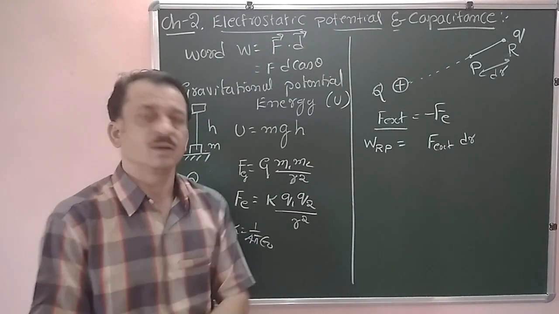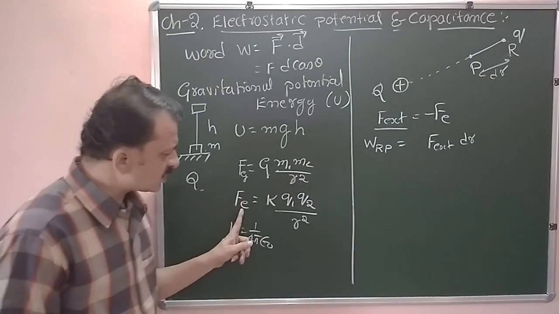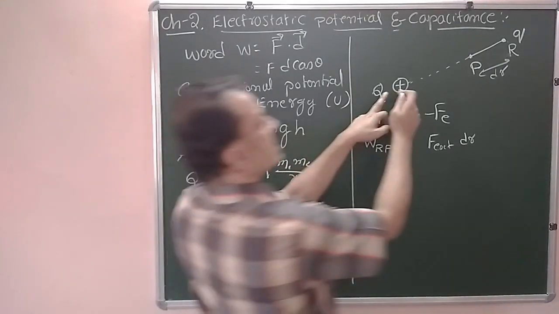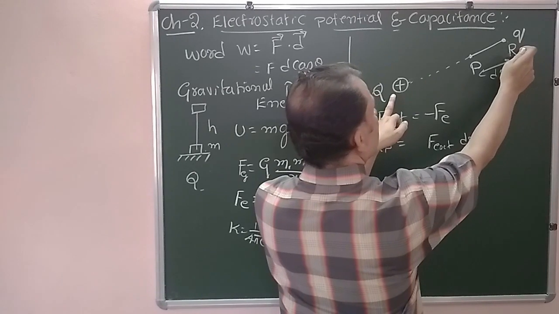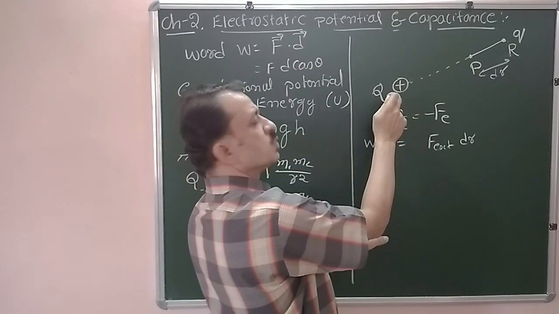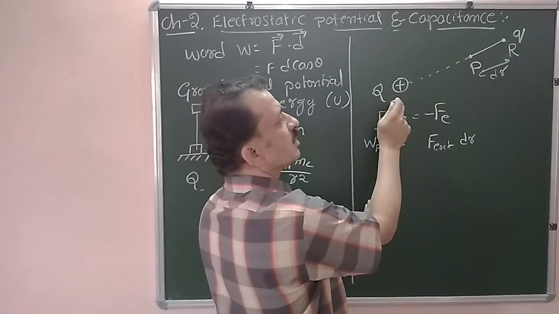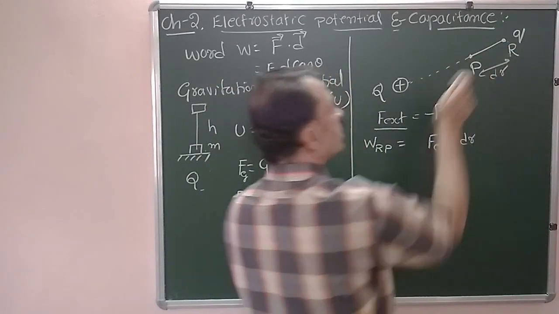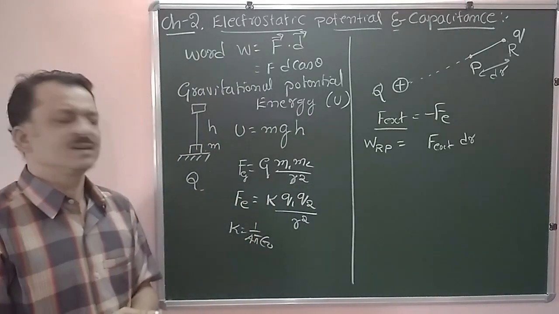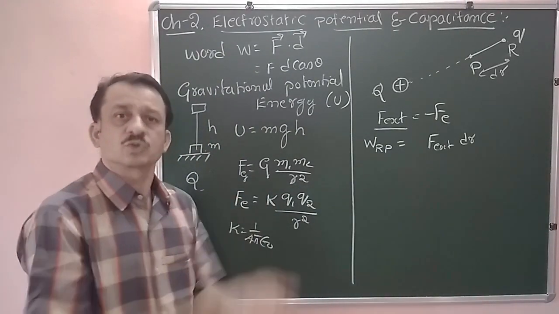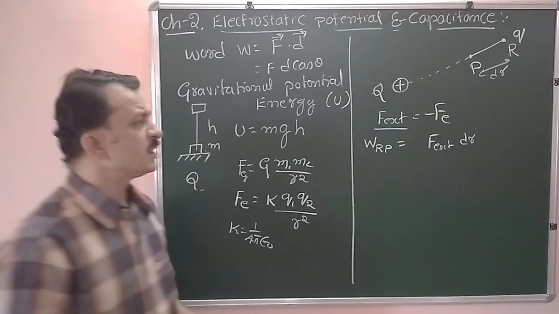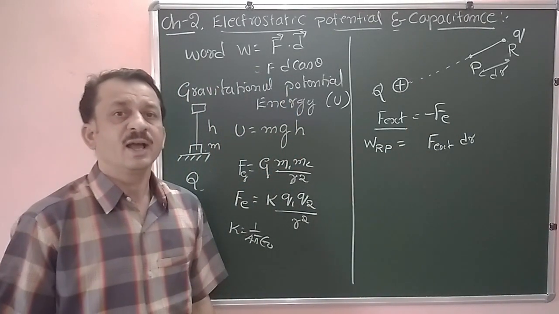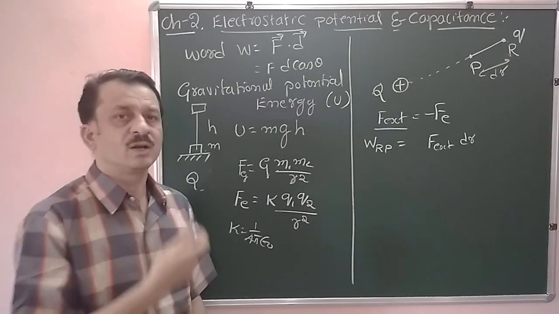It is variable. Now look here, this electrostatic force is inversely proportional to the square of the distance. What is the force between this charge which is at R and the charge Q which is at a fixed point? Now whenever it moves towards the point P, the distance decreases. Obviously, the electrostatic force increases.